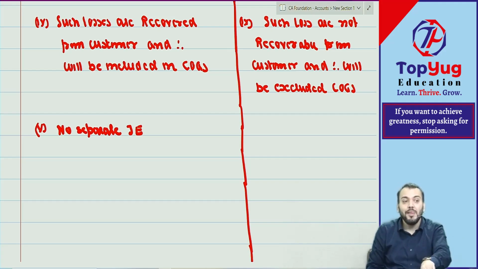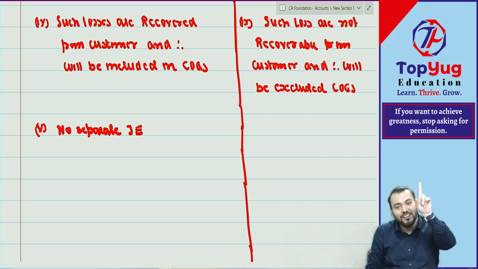Why? Already debited through what? Purchase account. This becomes the perfect answer. Correct?